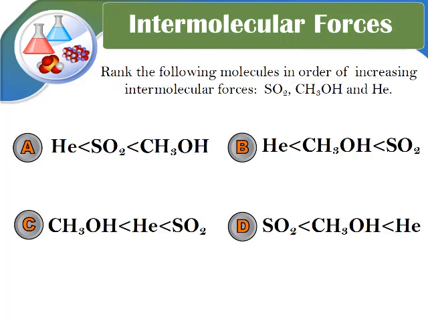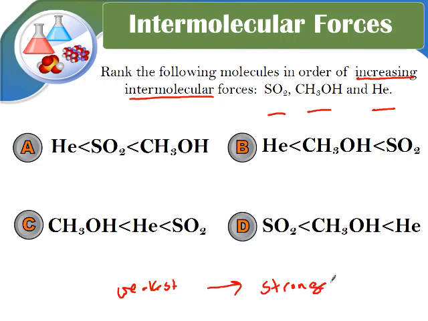We're going to rank these in order of increasing intermolecular forces. So what you're going to want to do is figure out what intermolecular force is in each of them, and then rank them. We want increasing, so we want weakest to strongest. Restart when you're done. We saw on the previous page, sulfur dioxide had a lone pair, so it was dipole-dipole. We also saw methanol previously, or one similar to it.